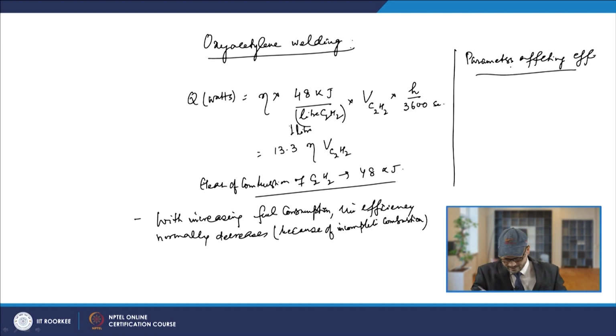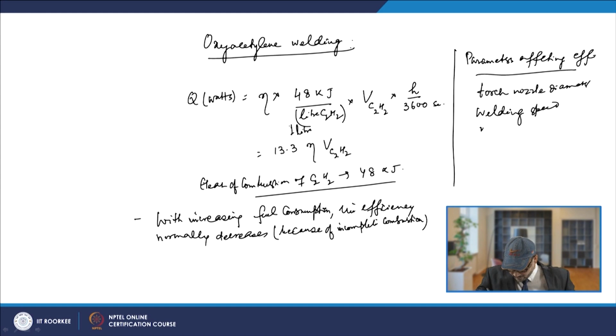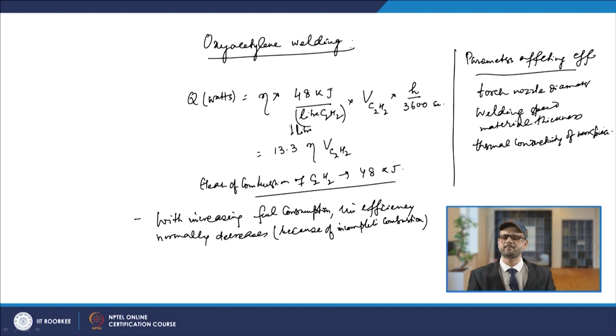There are different parameters, like torch nozzle diameter, welding speed, material thickness, and thermal conductivity of the workpiece. So these are the parameters.